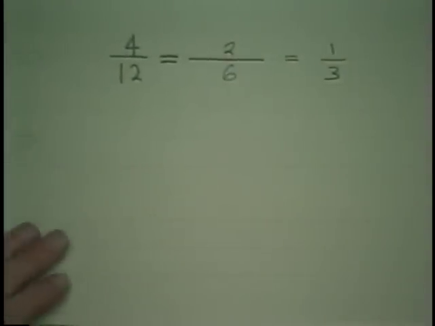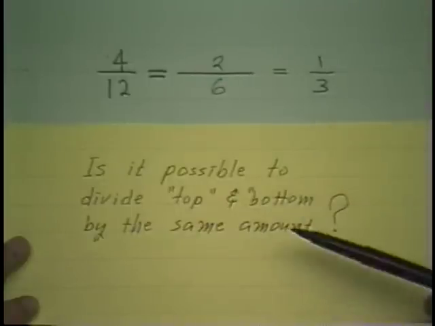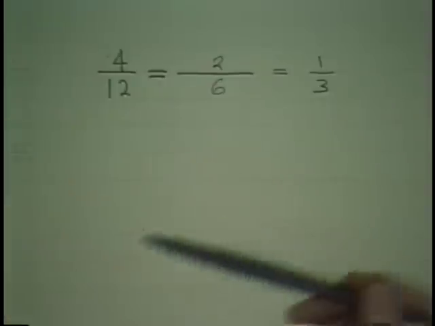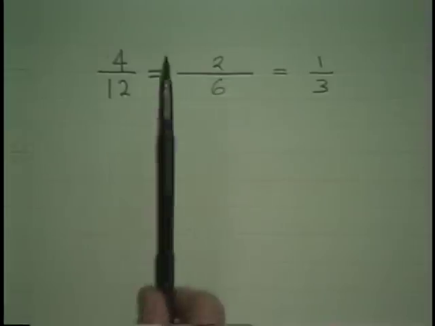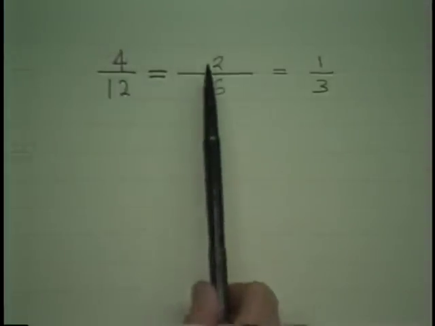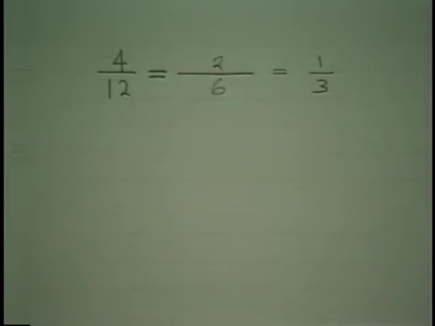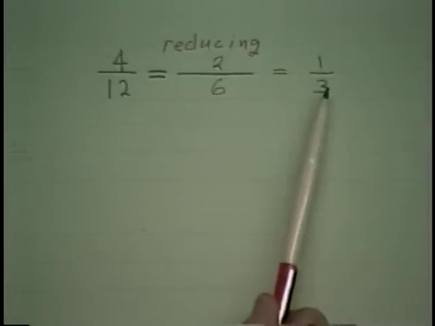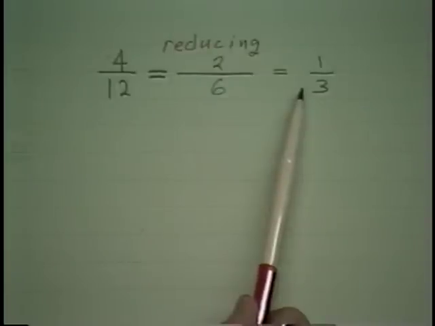Now we could again ask, is it possible to divide top and bottom by the same amount? And the answer now is no. That's the process that we call reducing. If we continuously divide top and bottom by the same amount, that process is called reducing, until we finally get a reduced form where top and bottom are no longer divisible by any number.